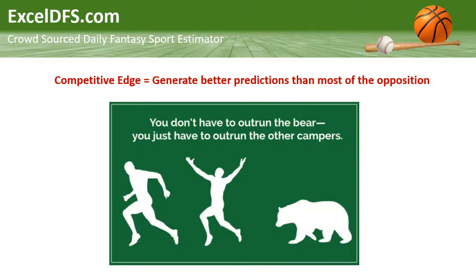In an earlier video we mentioned competitive edge and how important it was to generate better predictions than most of the opposition. Simply put, you don't have to outrun the bear, just half the campers. One of the misconceptions of daily fantasy sports is what exactly are the 50% that you have to outrun?